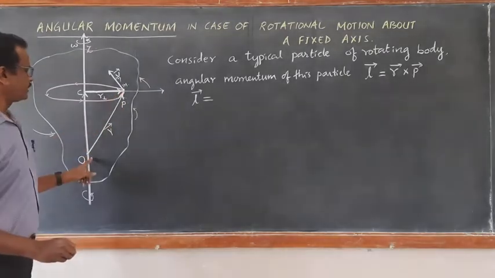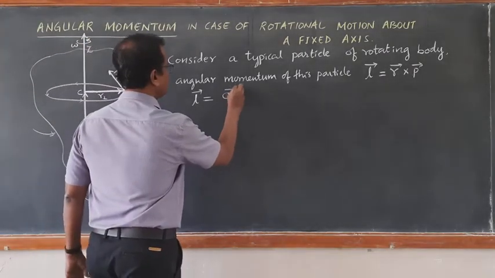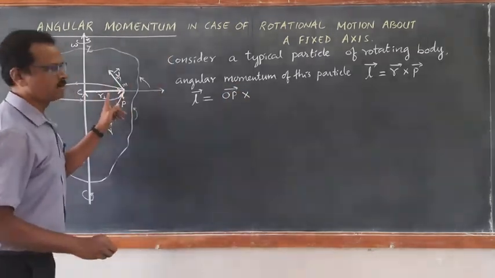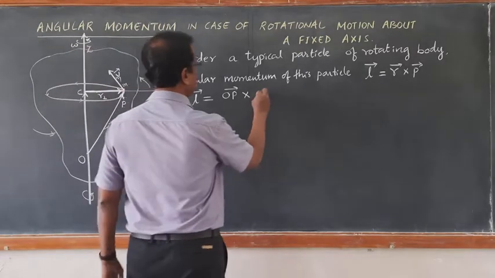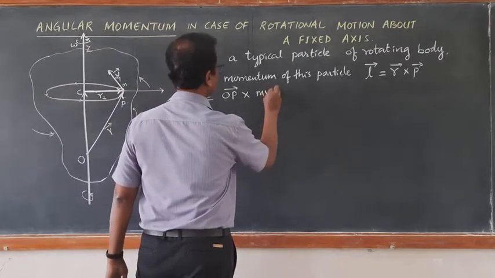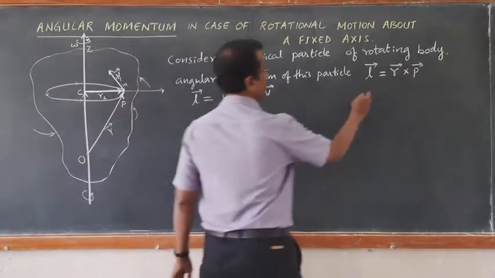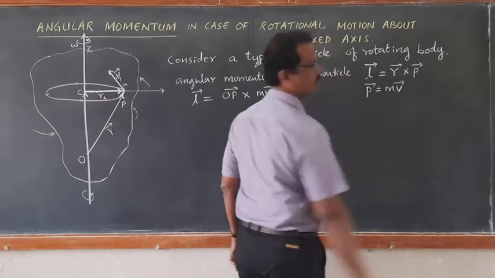The position vector of the particle, OP vector, cross p vector. P vector means momentum vector, that is OP vector cross momentum vector mv. Here p vector is nothing but the linear momentum vector.